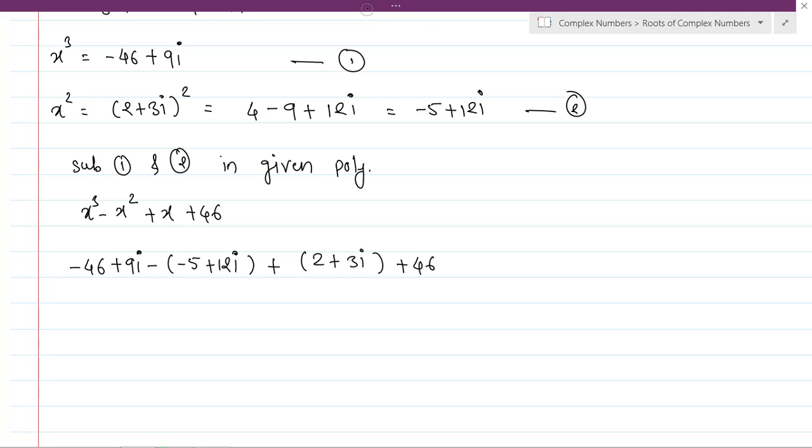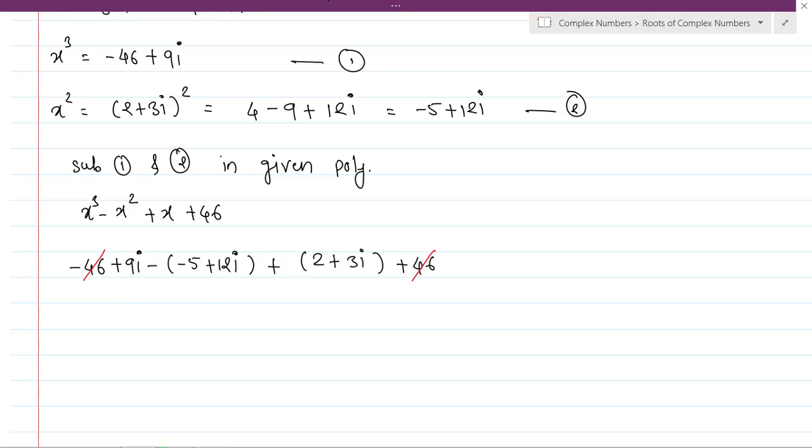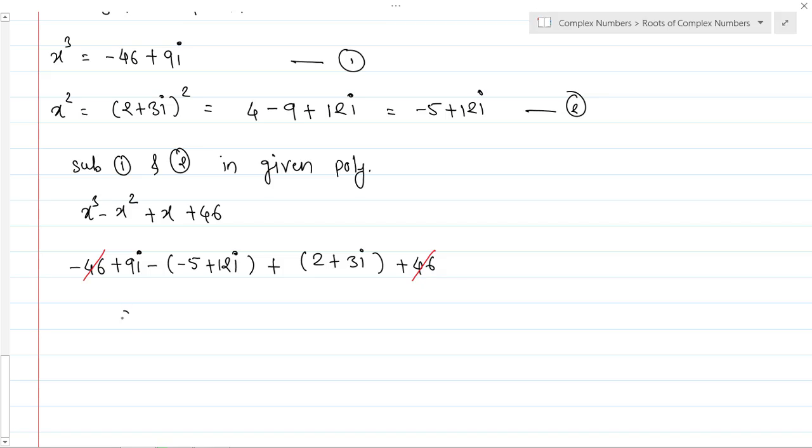Okay, see what gets cancelled. Minus 46 and plus 46 cancel. Anything else? Okay, let's open the bracket. So we will have 9i minus minus plus 5 minus 12i plus 2 plus 3i. See here, 3i plus 9i is 12i, with minus 12i becomes 0, so 5 plus 2 is remaining, which is nothing but 7.